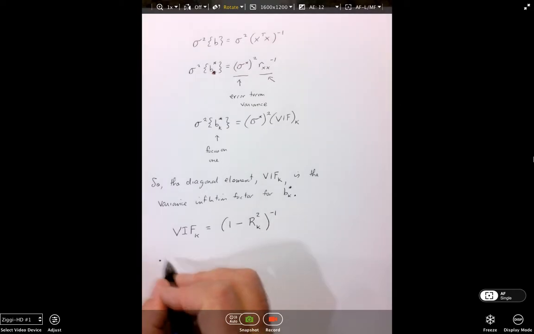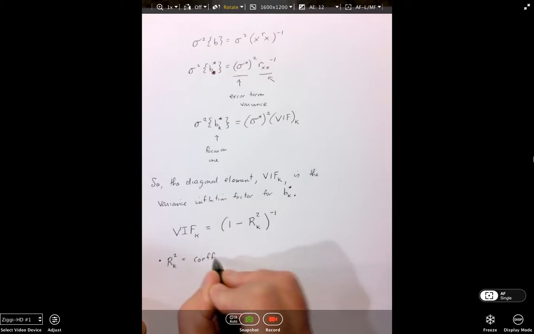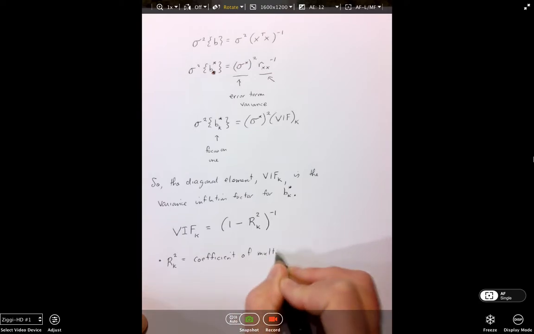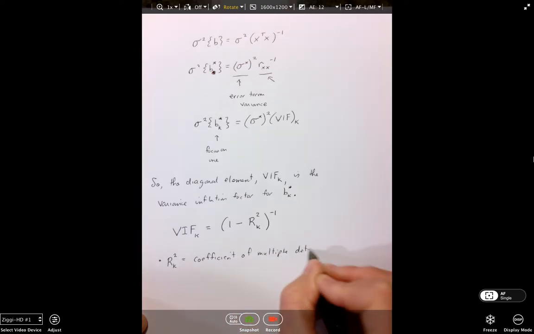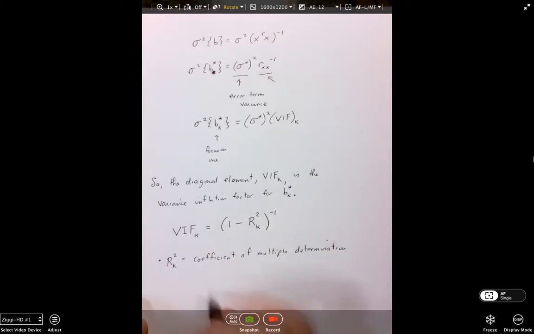Okay, so R sub k squared is the coefficient of multiple determination when x sub k is regressed on the other x variables.